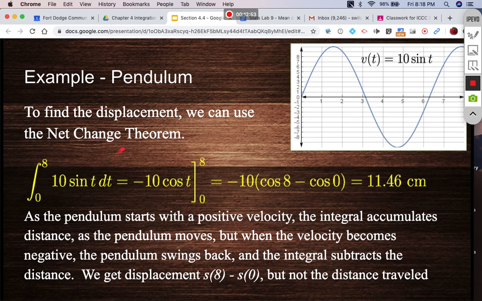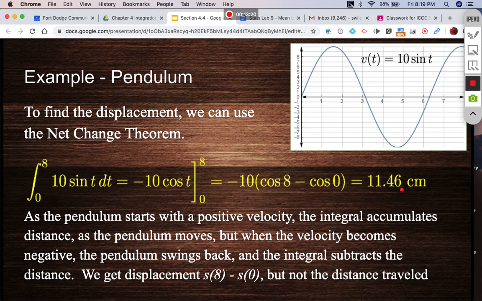So we look at our net change theorem, the integral from 0 to 8 of 10 sine of t dt. The antiderivative of sine is the negative cosine, so we have 10 times negative cosine t, evaluated from 0 to 8. Negative 10 times the cosine of 8 minus the cosine of 0 will give you 11.46 centimeters.